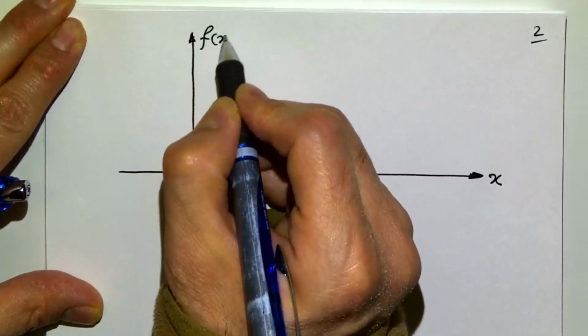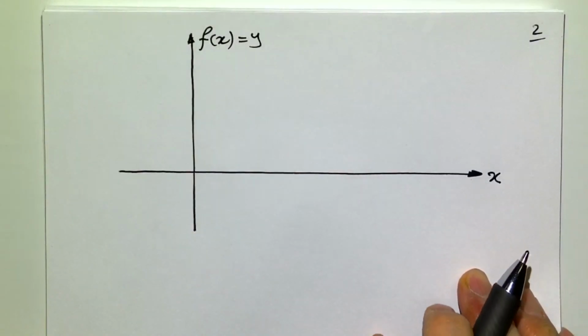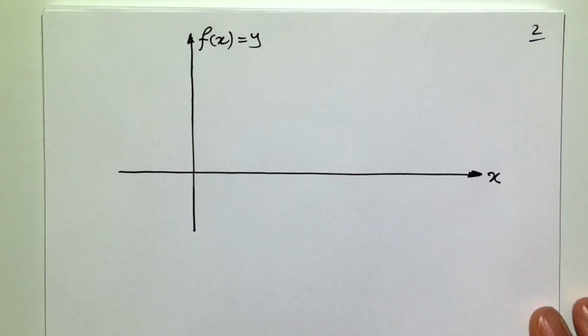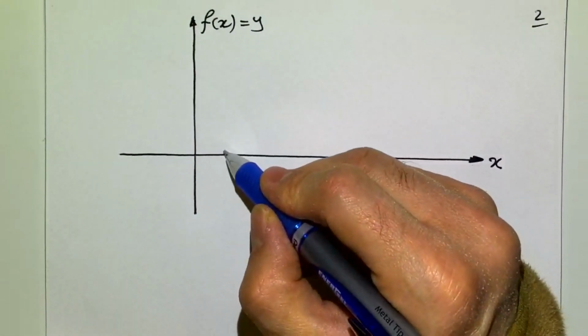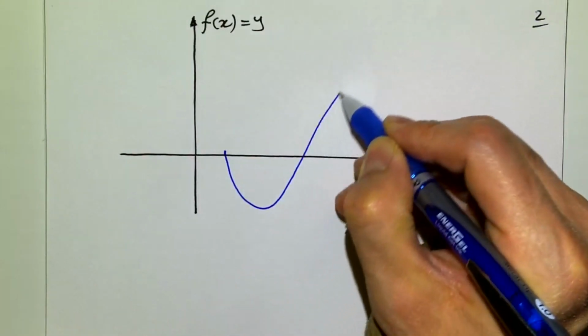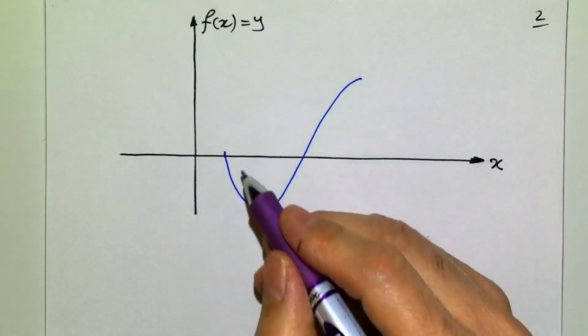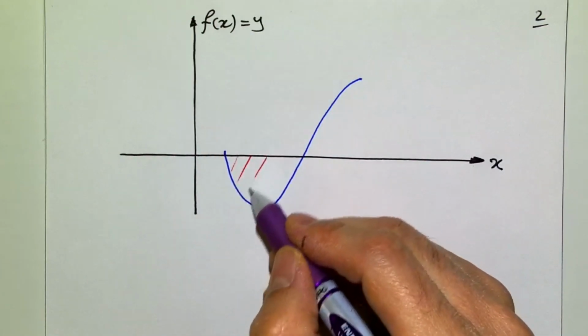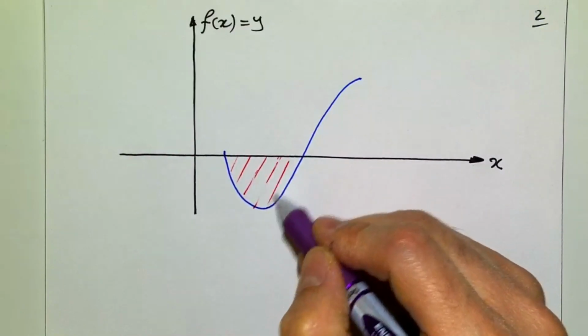Or f of x, let me call it, f of x equals y. All right? And then suppose we have a curve that goes like this, and then it does that. So clearly, we have an area between this curve and the x-axis that is below the x-axis, on the same side as the negative side of the y-axis.